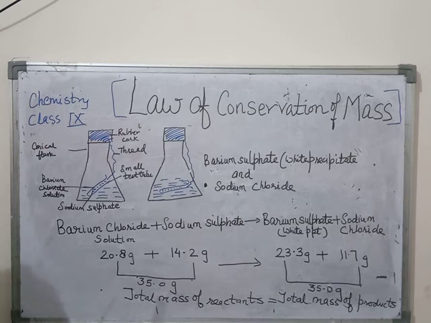We can also say that in a chemical reaction, the total mass of reactants is equal to the total mass of products. It means that it verifies the law of conservation of mass. Again I am repeating, the law of conservation of mass is: matter can neither be created nor be destroyed; it remains conserved.